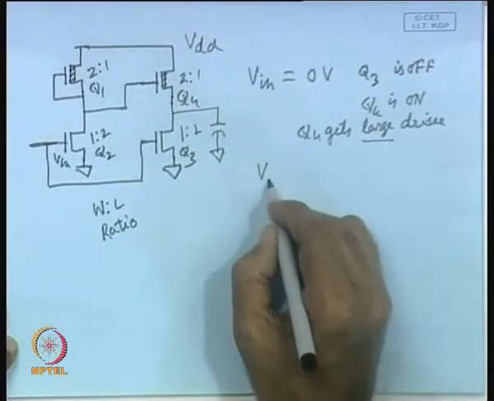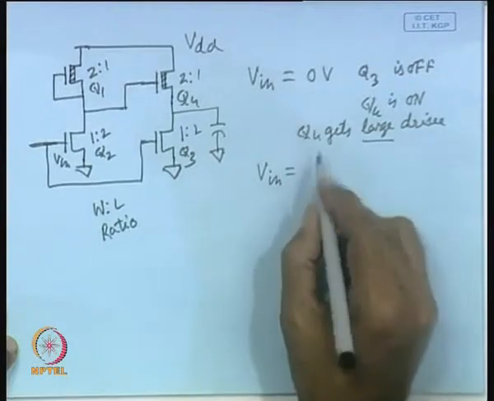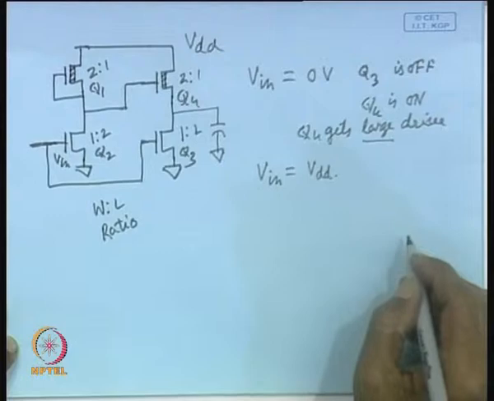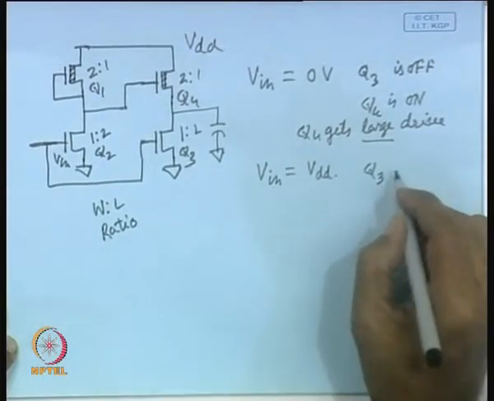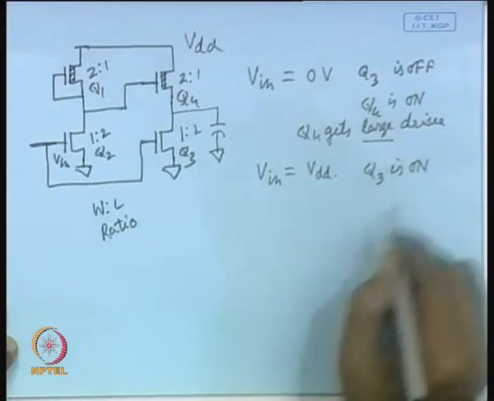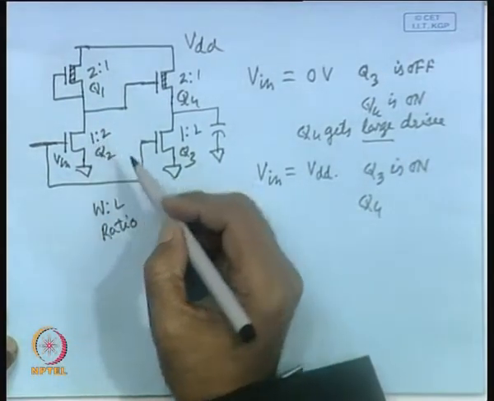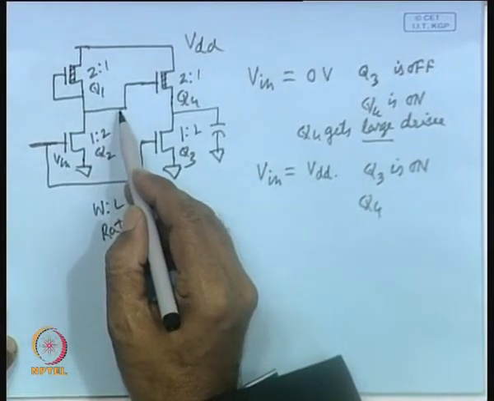Now, let us consider Vin equal to VDD. In this case, what will happen? Q3 is on. What about Q4? Whenever this is VDD, this is on. So, what will be the output?